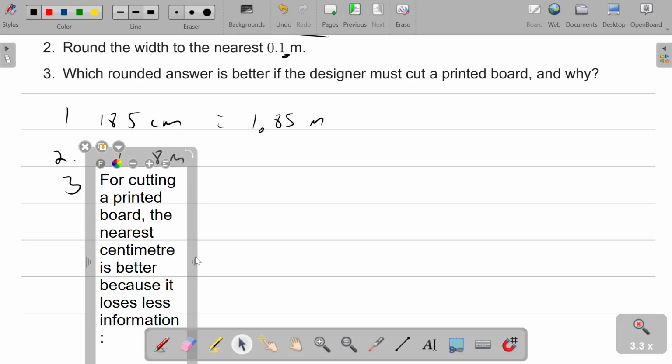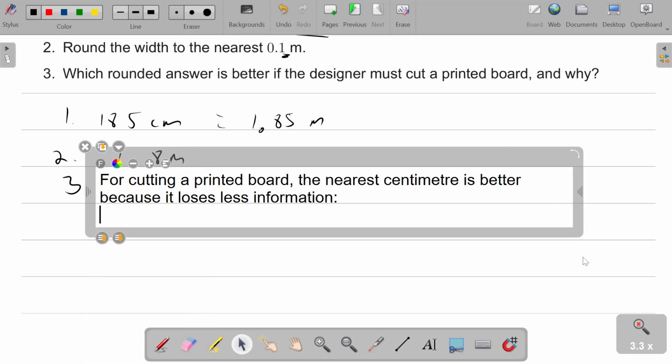And just for comparison's sake, I would say also that 1.85 meters is much closer to 1.847 than 1.8 meters is. That's also meters. That's basically how I would answer that.